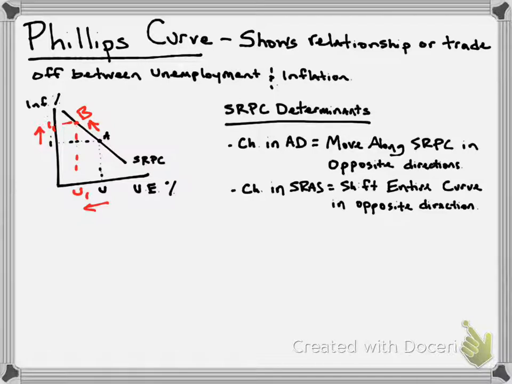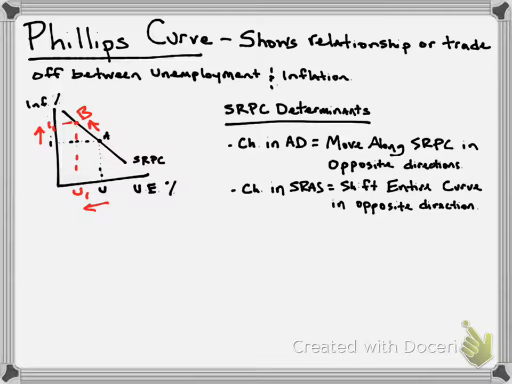Going back to our definition, the last thing before we move on is that this curve shows the relationship, or the trade-off, between unemployment and inflation. The way this curve is sloped, anytime we move along the Phillips curve from A to B, we're gaining inflation and giving up unemployment.